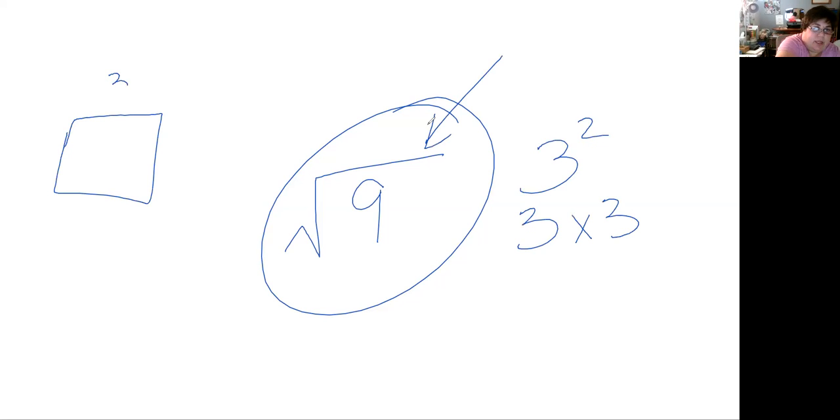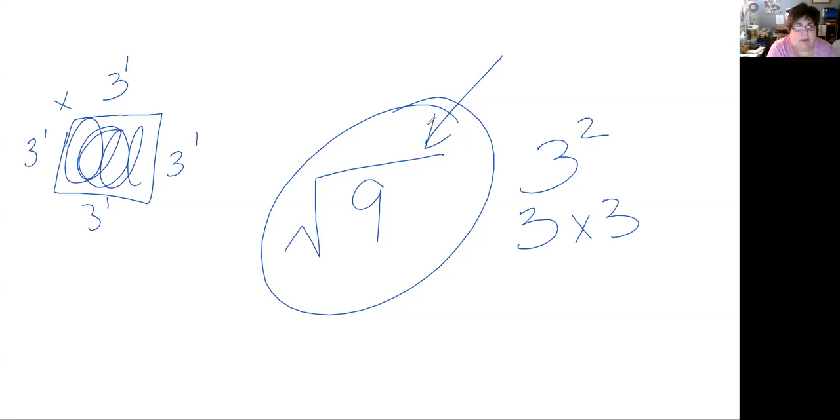So if this was 3 feet, each of the other sides would also be 3 feet. When you want to find the area inside the square, you multiply the length times the width. Since the length and width are equal, it's 3 times 3, and it's squared. That's why we just put the 2 there, because we know it's 3 times itself.